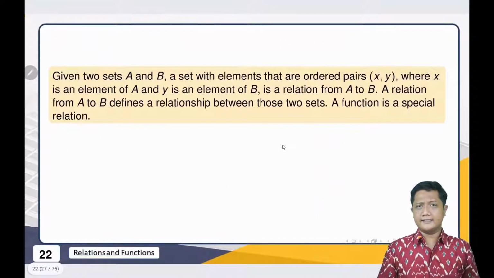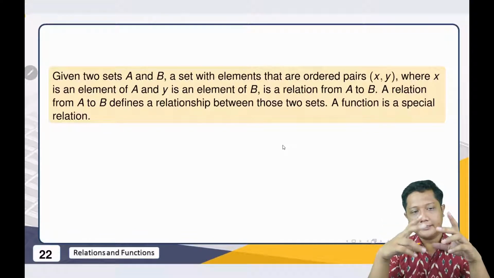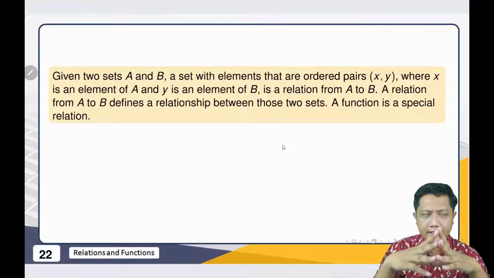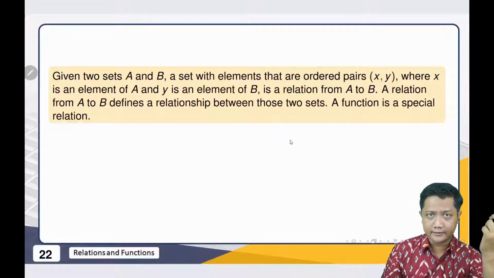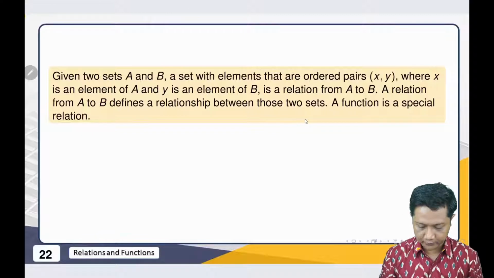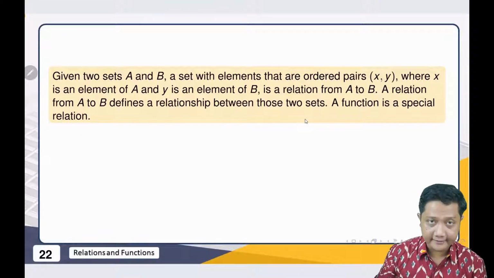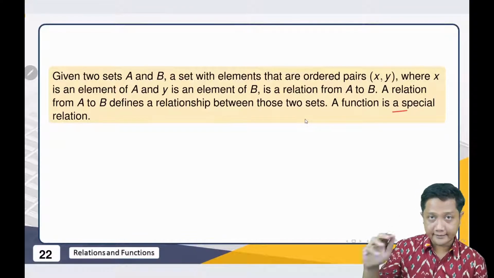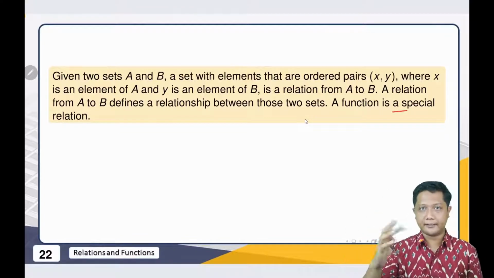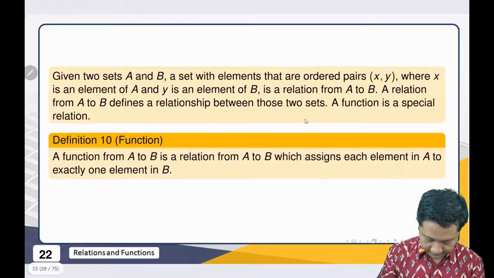And what is a function? We are already familiar with this, I think from elementary school. A function is basically a special relation, so it is a relation plus some requirements. What are the requirements?